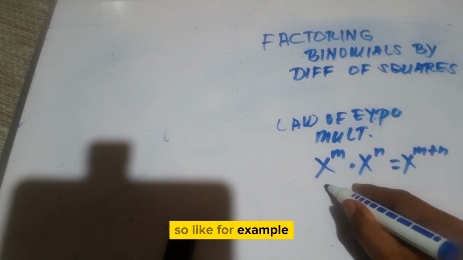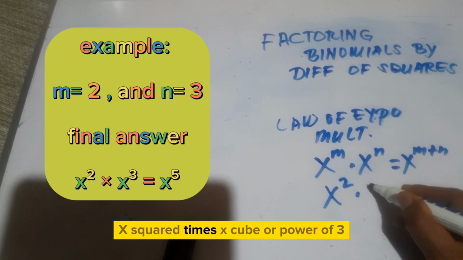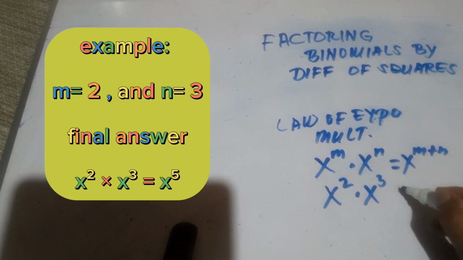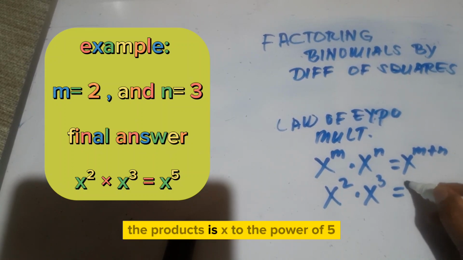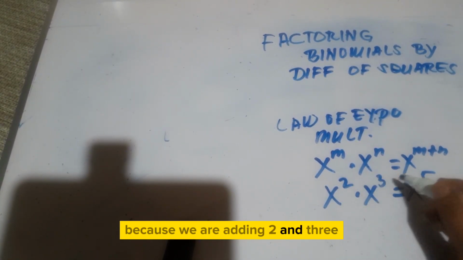For example, x squared times x cubed, or power of 3. The product is x to the power of 5 because we are adding 2 and 3.